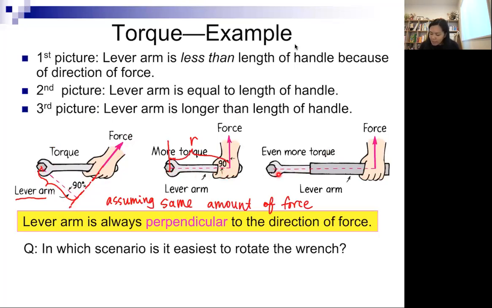And if you extend the handle of the wrench, and you're still applying the force perpendicularly to the handle, then of course the lever arm will be longer in this case. So notice how your lever arm is perpendicular to the force, and it's passing through the pivot point.